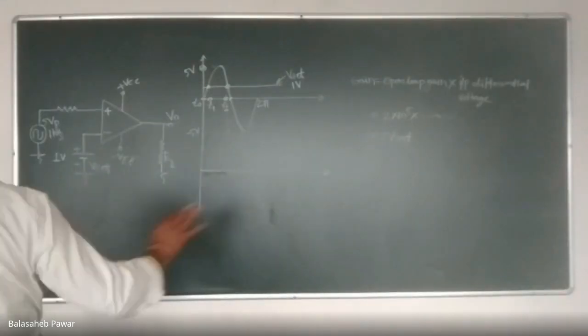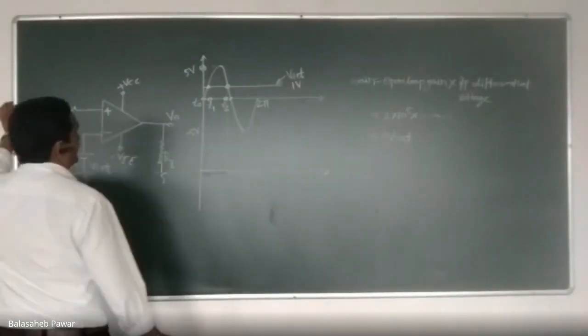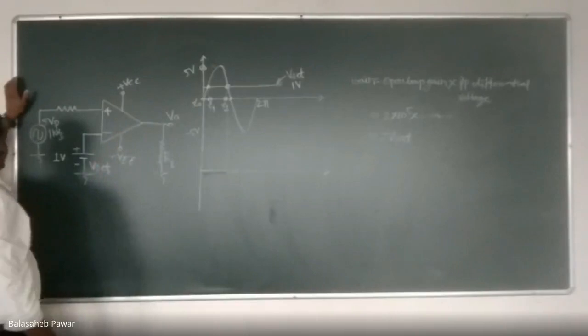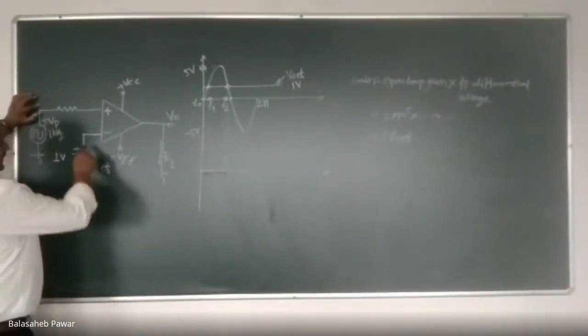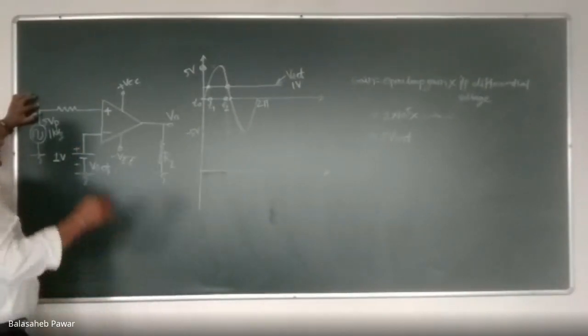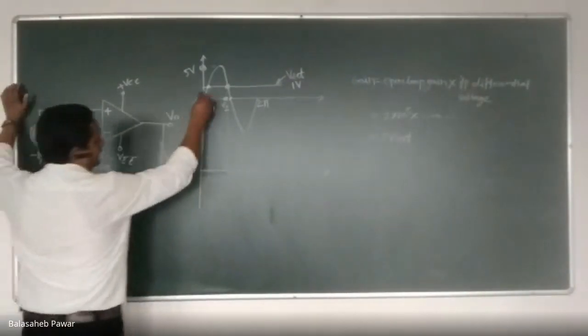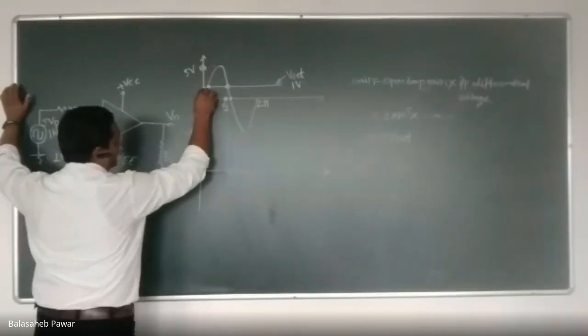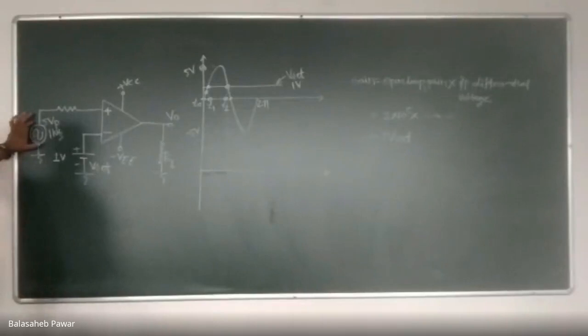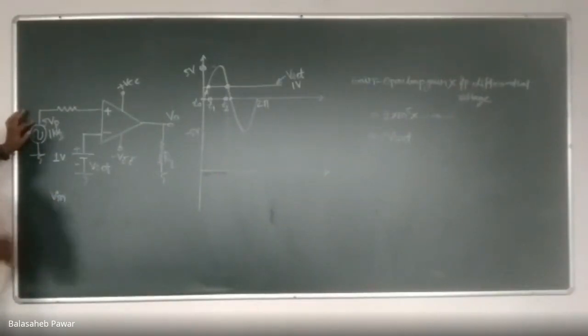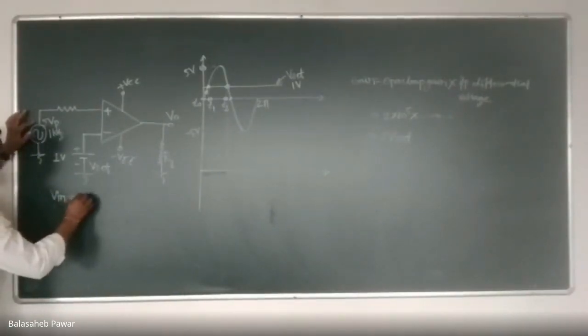Yes, sir. Okay. So see, suppose the input sine wave is less than T1, the differential voltage, suppose it is 0.5. Between T0 and T1, I will consider one point where the input signal amplitude is, for example, 0.5 volts. That means V in is equal to 0.5.